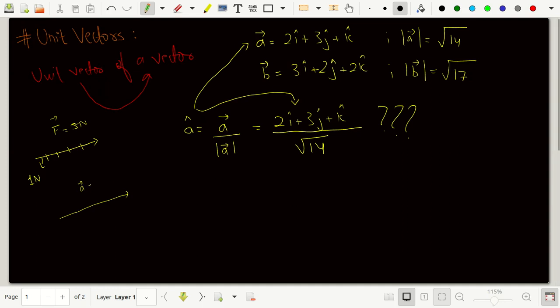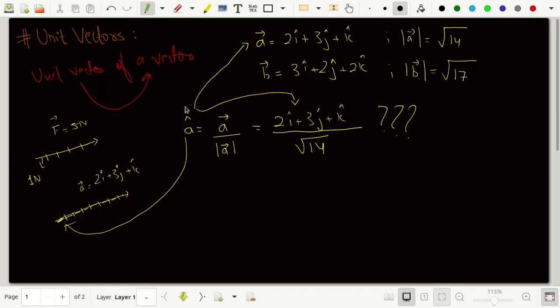If this is my vector a, given as 2i plus 3j plus k cap, and I have fragmented the vector into small strips, then each small separated part is a hat. If I keep on adding 2i plus 3j plus k over root 14 that many times, I will get the exact magnitude of this vector, that was the square root of 14.